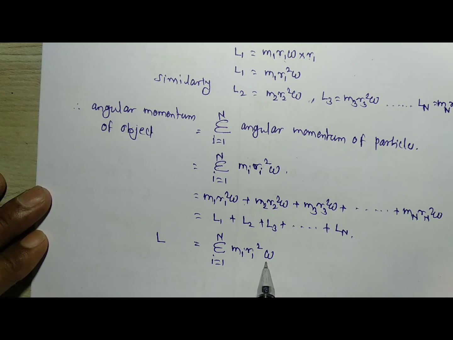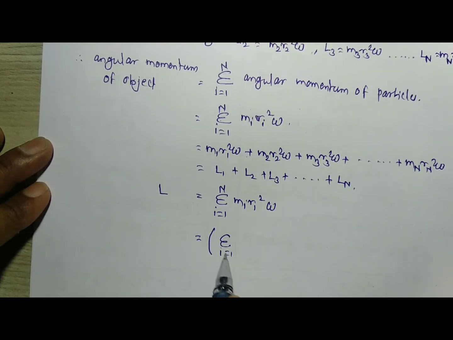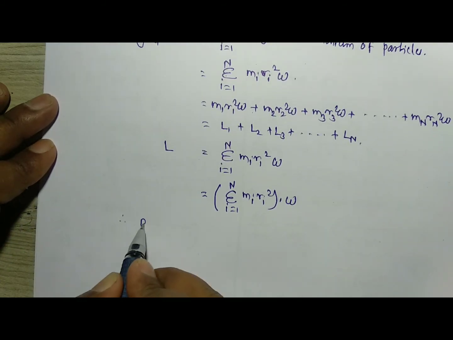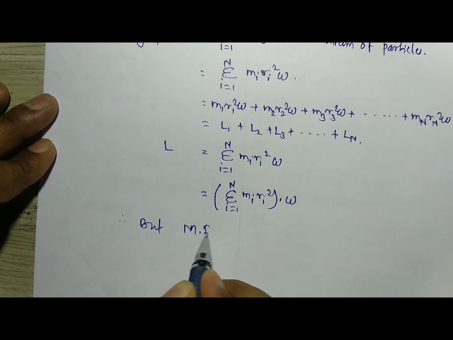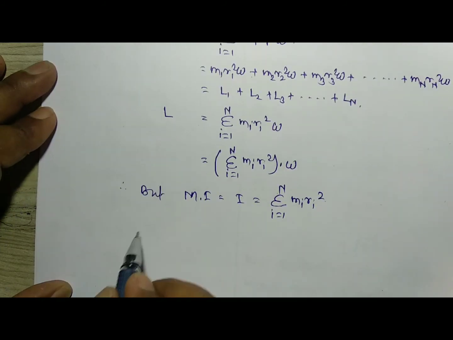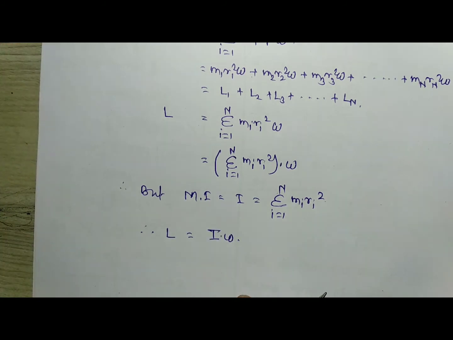But this omega is a constant, and therefore it is taken outside the bracket. We know that the summation of mi ri square is nothing but the moment of inertia, that means I is equal to the summation of i from 1 to n of mi ri square, and therefore L is equal to I into omega. This is the expression of angular momentum in terms of moment of inertia.